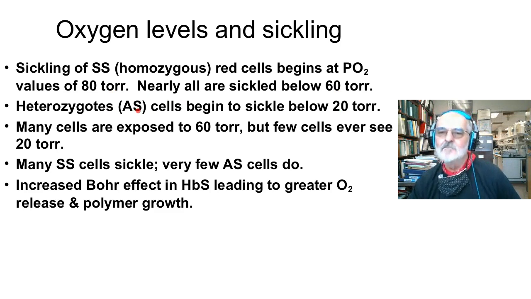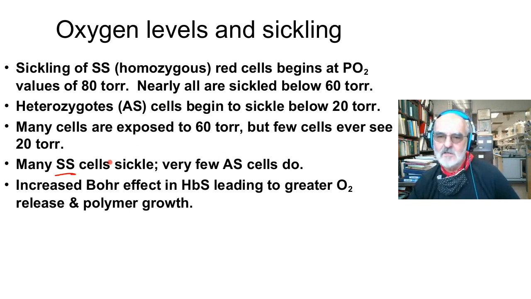Heterozygous sickle cell, so trait, will generally not begin to sickle until it's below 20. Remember I said that it's a kinetic phenomenon, and so it's transported into conditions where there's high oxygen, and so it generally doesn't happen. And this is basically restating a lot of the things that I've already said.